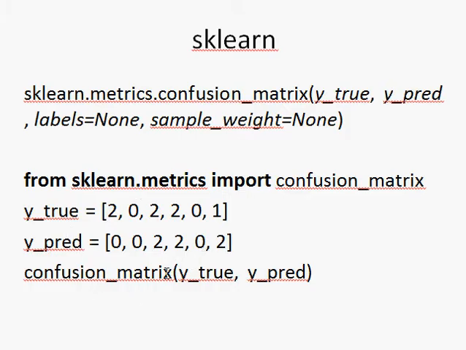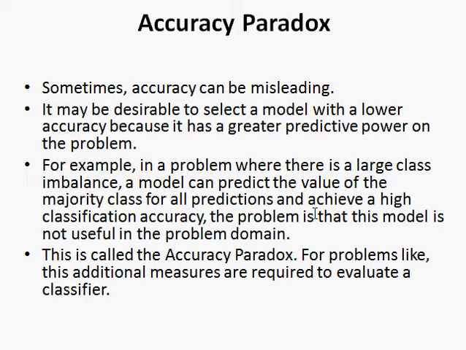So the confusion matrix gives us more information. We can't really compare two classifiers using the confusion matrix. It's more to know what's happening in the background. And as we were saying earlier, if we have data that has two classes, let's say, and they're really imbalanced, then the value of the accuracy is not going to be useful.